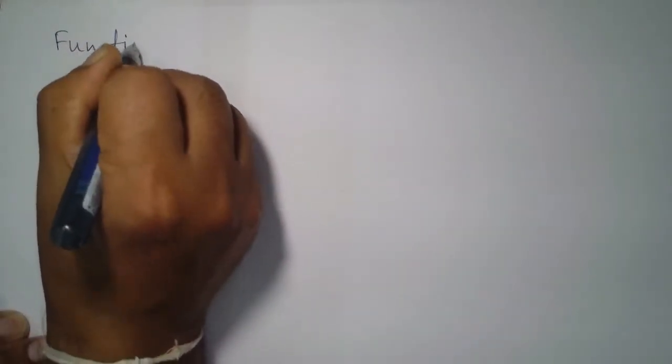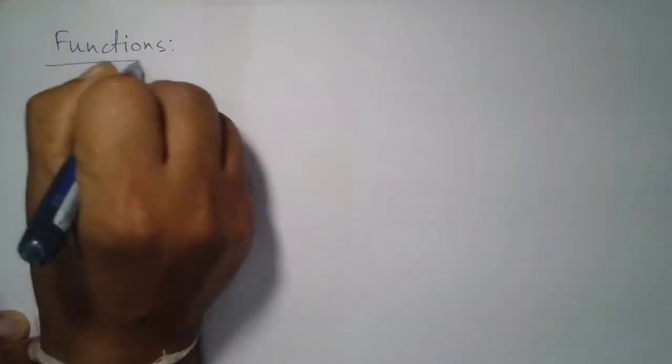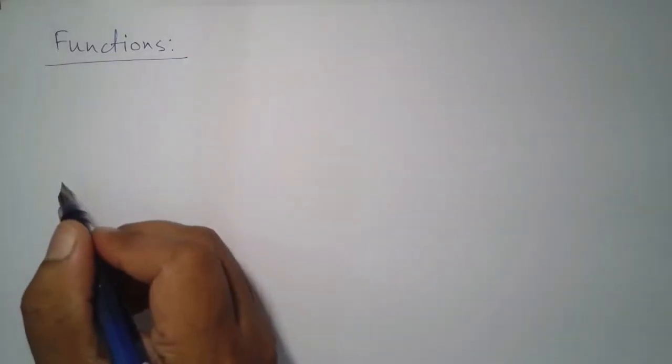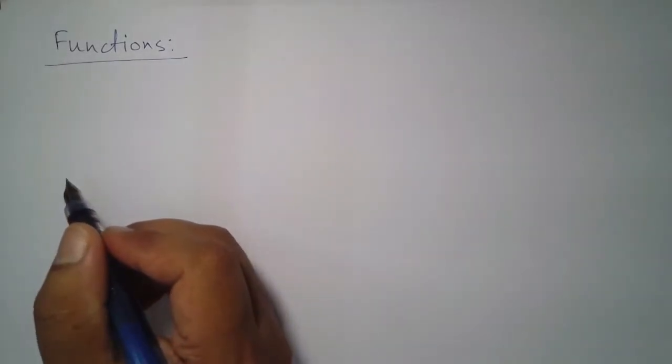So today we will be discussing functions and how they are implemented. So what are functions? Functions are basically blocks of instructions. Since we are talking about assembly level language, in this case the function will be a block of assembly instructions.